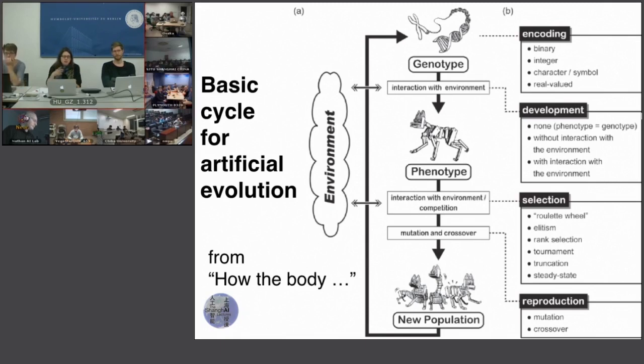So you're mutating the genotype, so you're slightly varying the information from the genotype of these agents in order to create some variety, as we have in natural evolution as well. And you could also do some crossover.